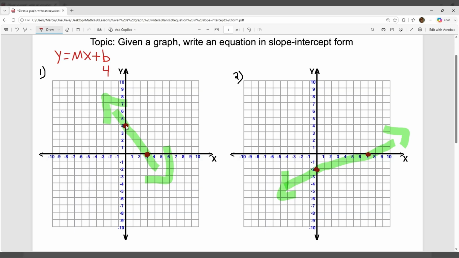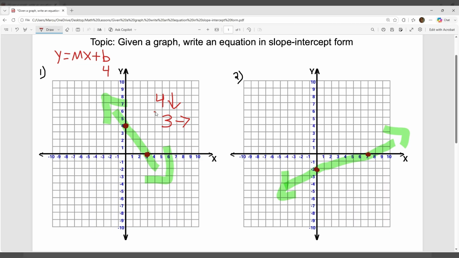Then we go 1 down, 2 units down, 3 down, 4 down. So we went 4 down, like this. And then from here we go 1 to the right, 2 to the right, 3 to the right. So 3 to the right.